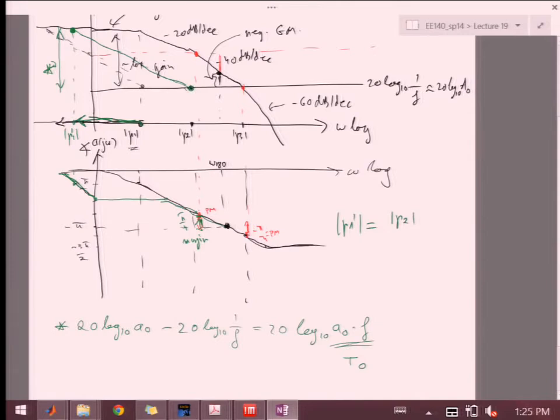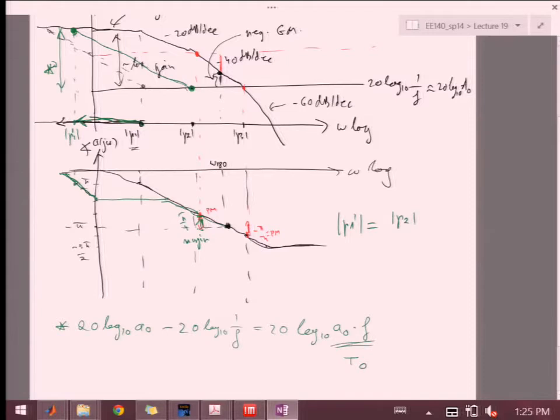So starting from this position, I want to move back at 20 dB per decade and span this gain region of A0f. Right? So by how much do I have to move back? 20 dB per decade just means for every 10x in frequency, I get 10x gain.